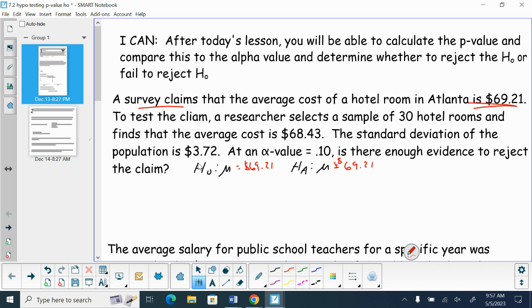So we have n is a value of 30. The mean of the sample is 68.43. Standard deviation is $3.72. And we have an alpha value of 0.10.